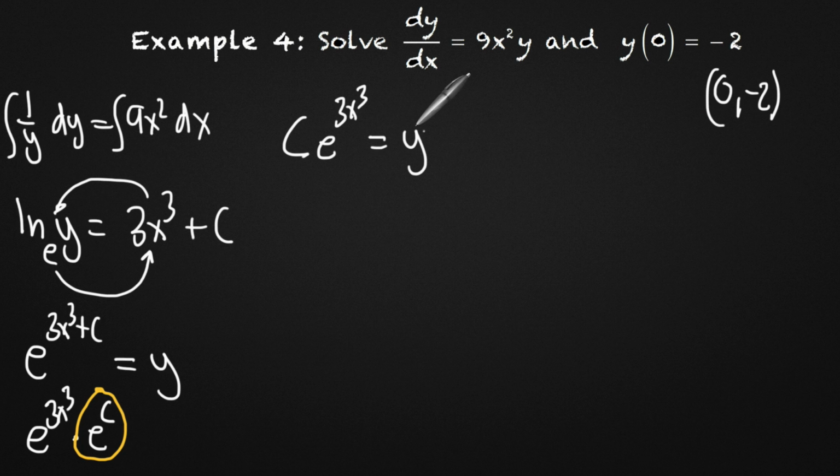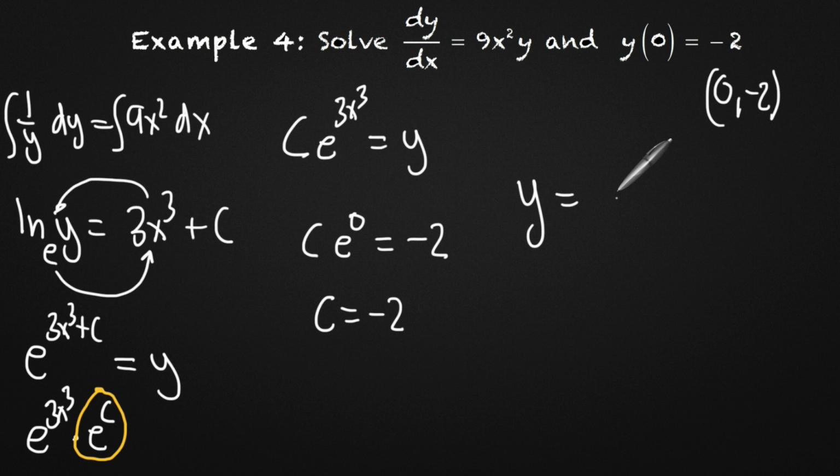So I'm going to plug in 0 for my x and -2 for my y. So when you plug in 0 for x, this whole exponent becomes 0, and my y is -2. E to the 0 is simply 1, so my c is -2. So my final answer is going to be y equals -2 e to the 3x cubed.